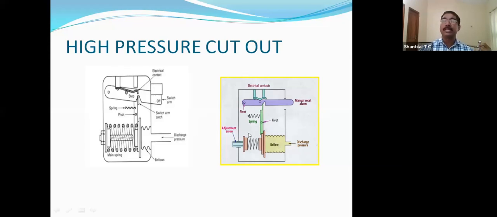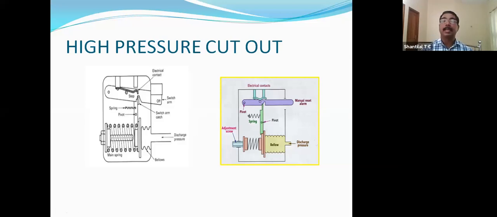When the pressure is normal, the contact is closed. At that time, it will run. So when pressure exceeds the limit, the bellow also expands. By that expansion, the contact point opens. Now it is open. Off switch, the switch is in the off position. When pressure is normal, the contact point is closed and starts the motor.